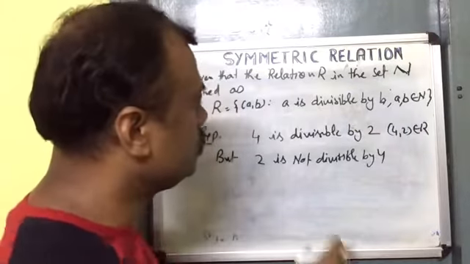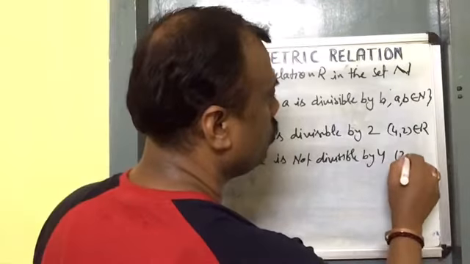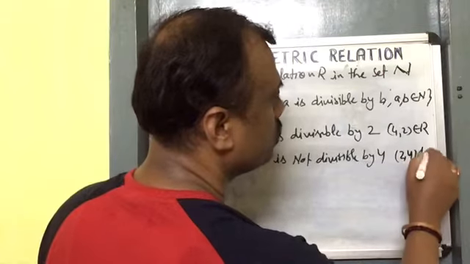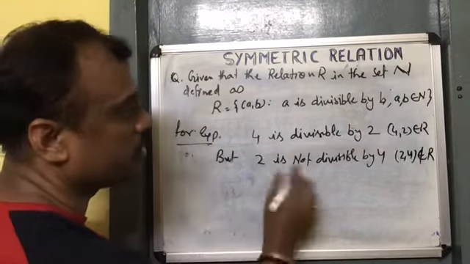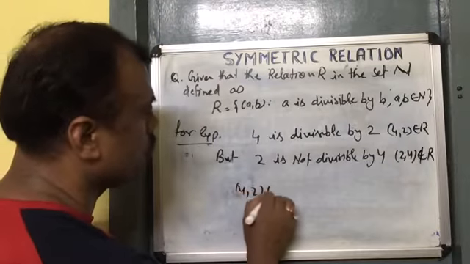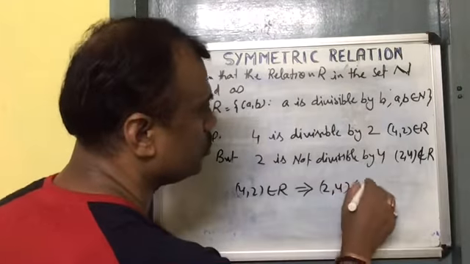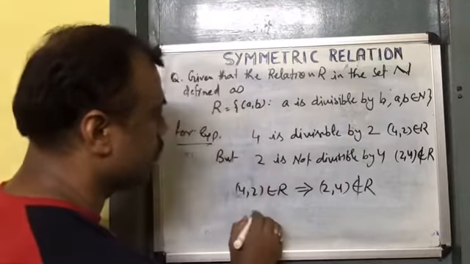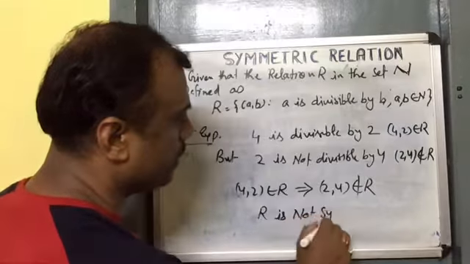Okay, so 2 is not divisible by 4. It means (2,4) does not belong to R. So from here you can say (4,2) belongs to R implies that (2,4) does not belong to R. Hence R is not symmetric.